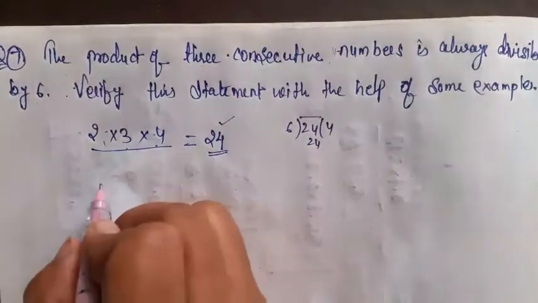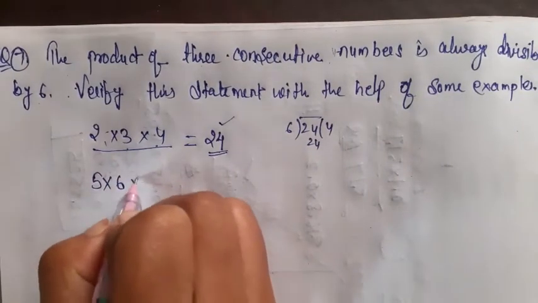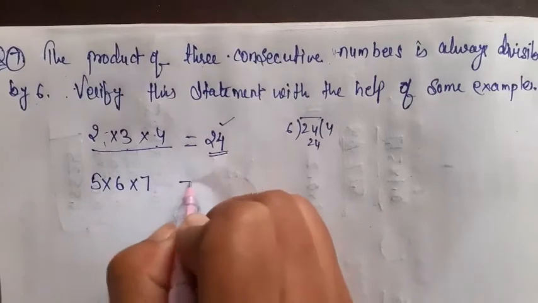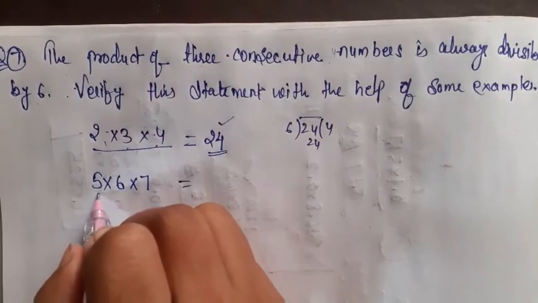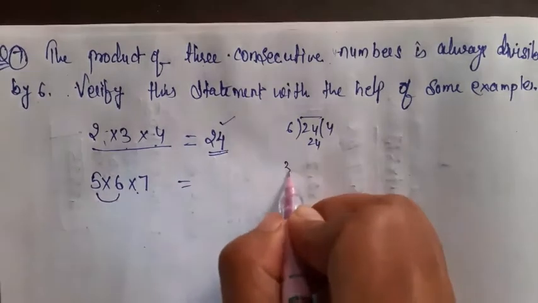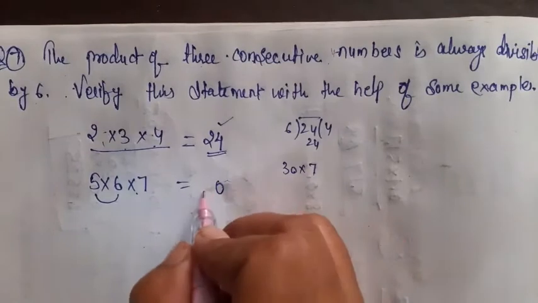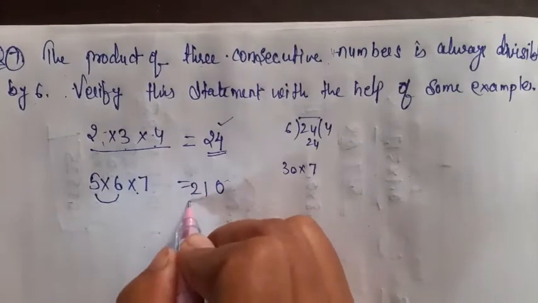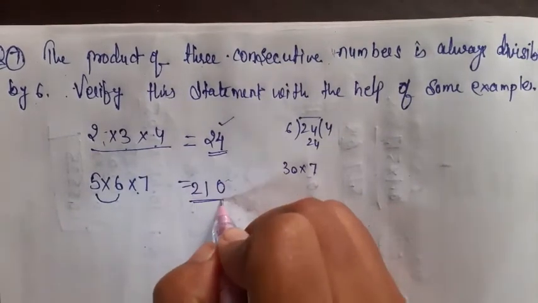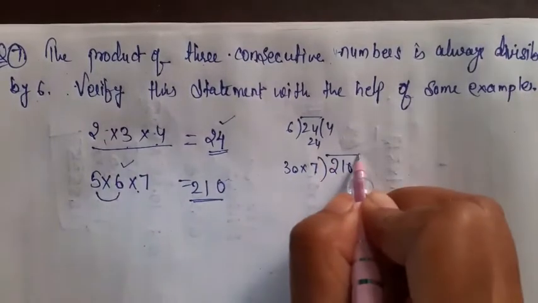Next I write 5, 6 and 7. So the product of 5 and 6 is 30, and 30 times 7 is 210, and 210 is divisible by 6.